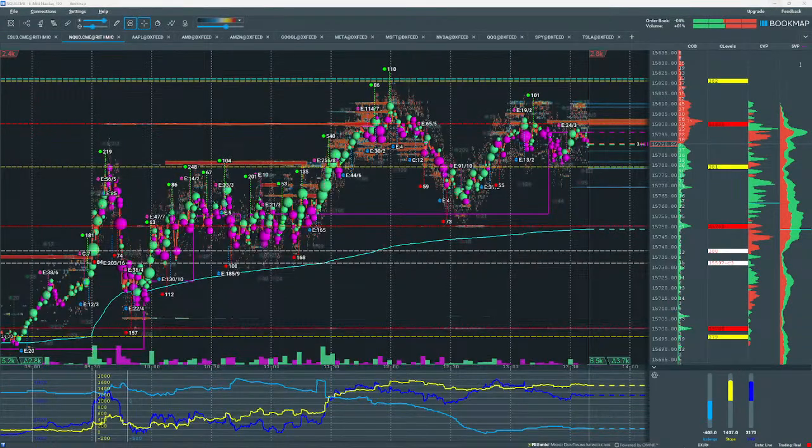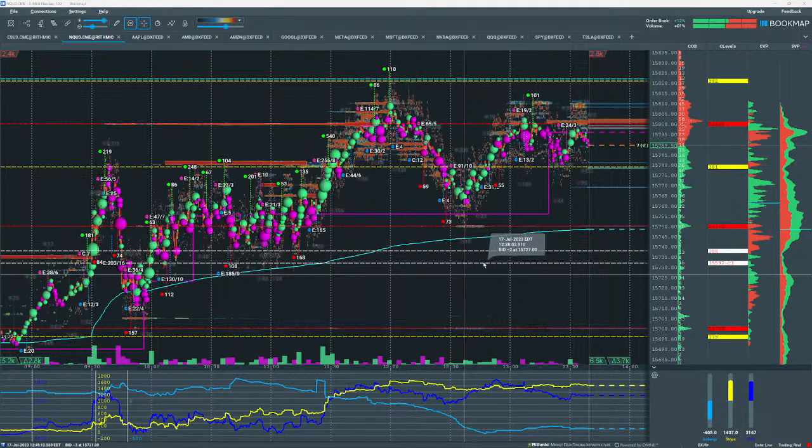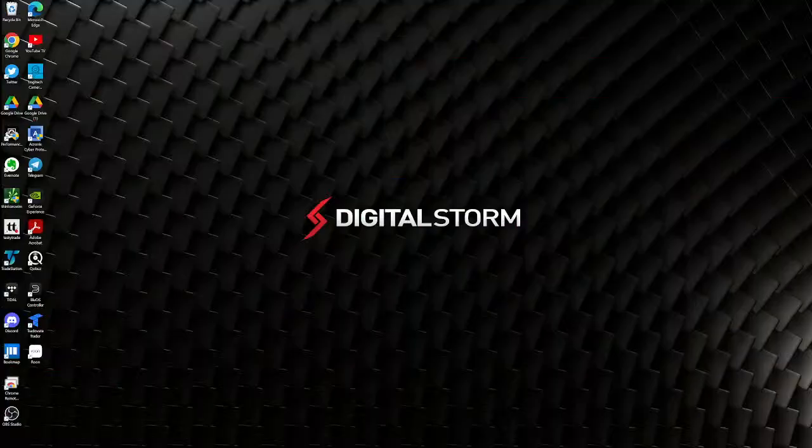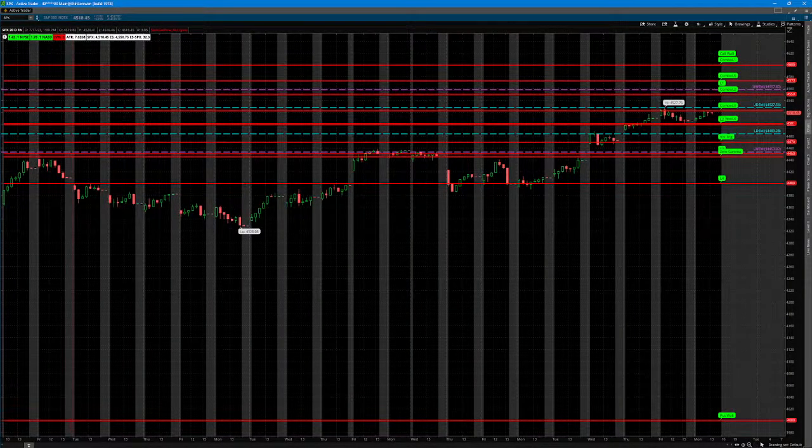So now let's start with positional analysis. This is the S&P 500 in Bookmap, ES Futures. And before I take a closer look at this chart, I want to take a look at a larger time frame. This is the S&P 500 SPX index. And note that price continues to trend higher.